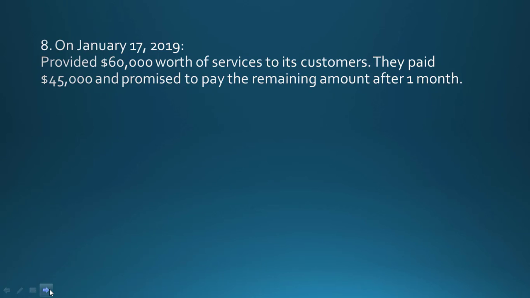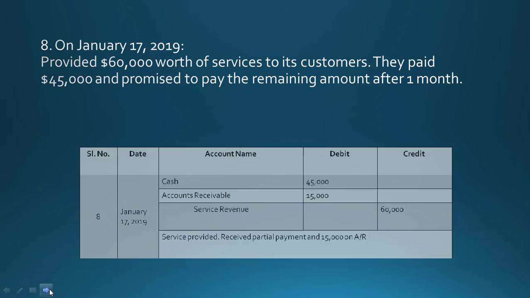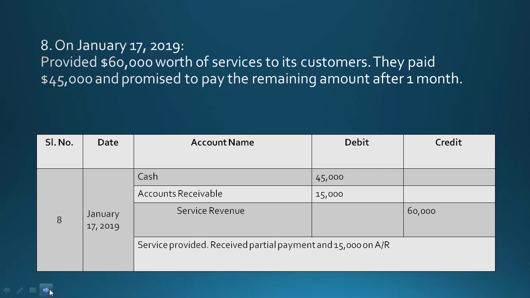Remaining balance is 15,000, which should be accounts receivable for you. So the journal entry should be cash $45,000, accounts receivable $15,000, and service revenue credited by $60,000. So that is the journal entry. So let's see the next transaction.